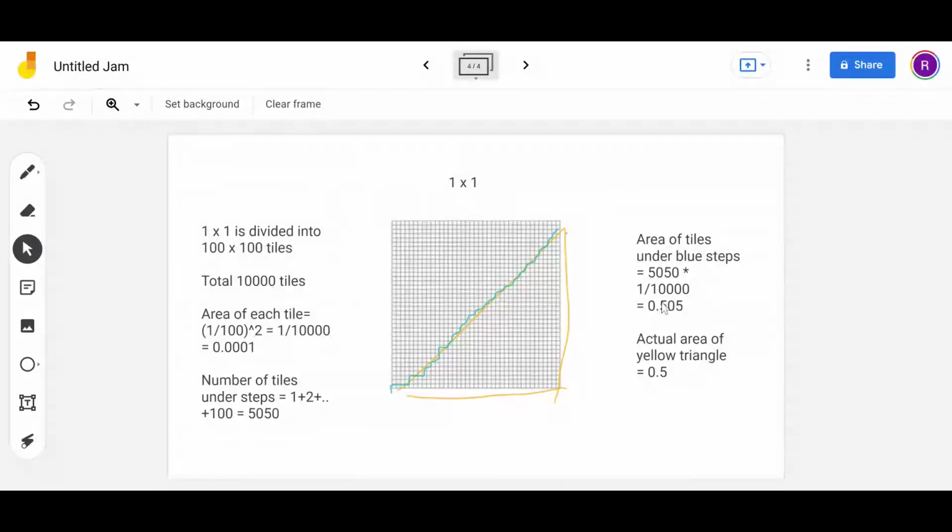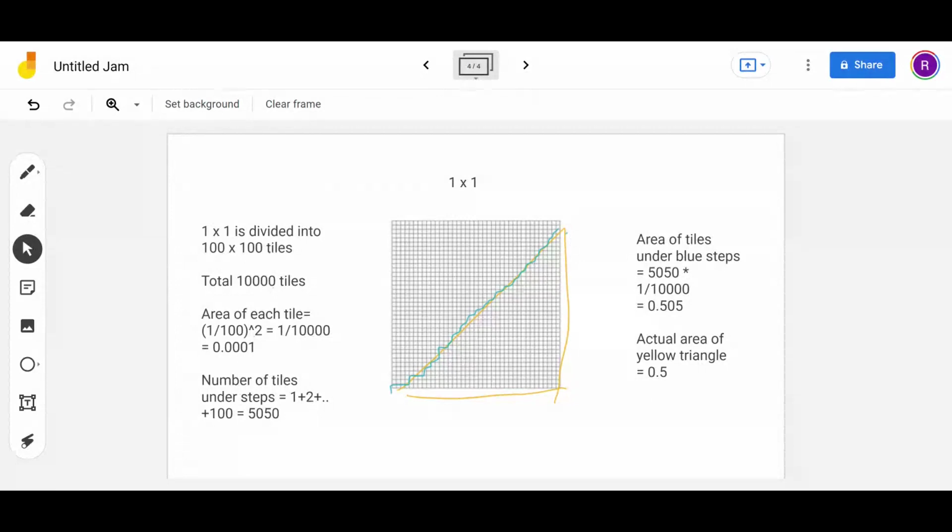Now, instead of using 100 by 100, tell me what will happen if I use million by million. I make a million tiny rows and a million tiny columns. Do you see that the blue thing and the triangle will become even more close?